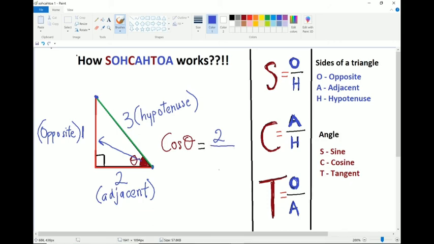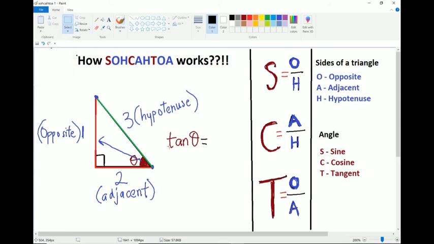And then my hypotenuse, we already know how to find the hypotenuse, right? It's the side that is not on the L. So it's going to be 2 over 3. All right, so my cosine of the angle is 2 over 3. And then finally, we will find the tangent of the angle.